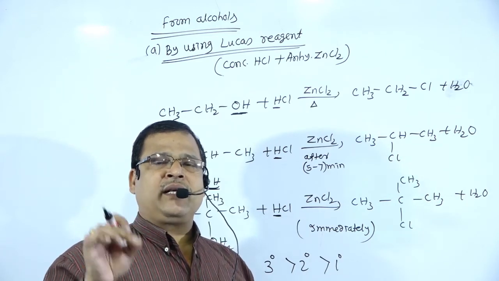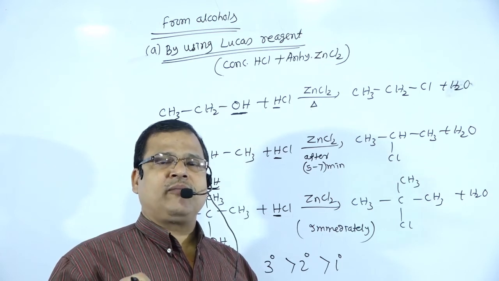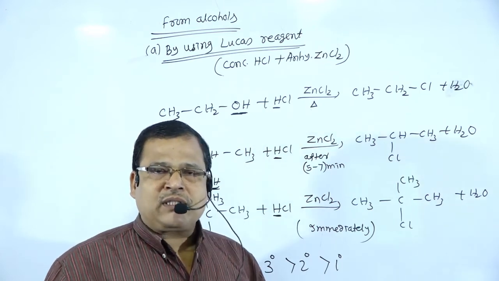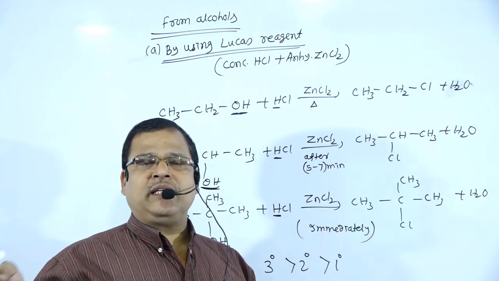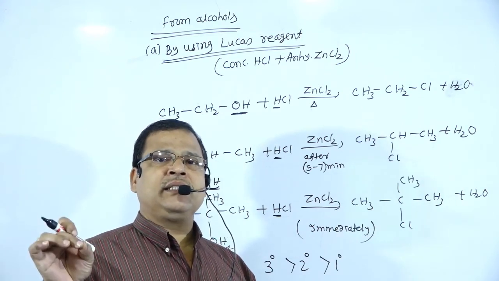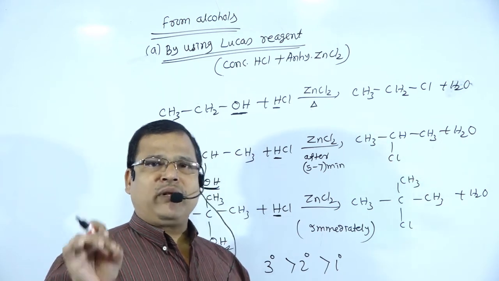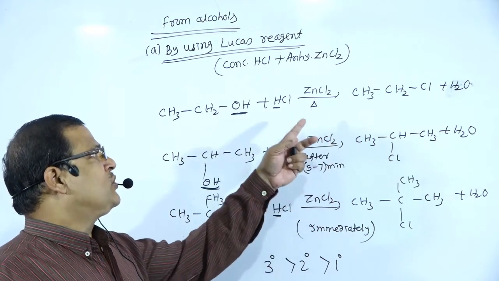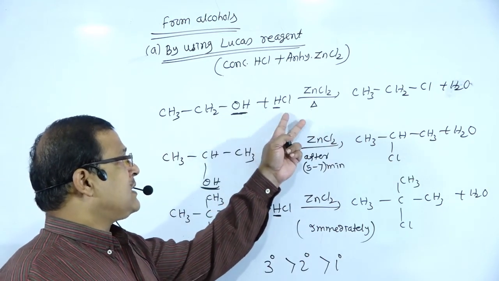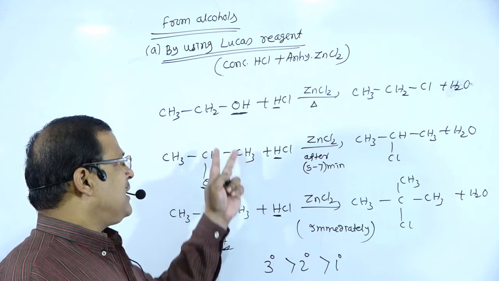Concentrated HCl and anhydrous ZnCl2 are added to them. If cloudiness appears instantly, that is tertiary. After 5 to 7 minutes, if cloudiness appears, that is secondary. And if cloudiness appears only on heating, that is primary. So this reaction clearly distinguishes between primary, secondary, and tertiary.